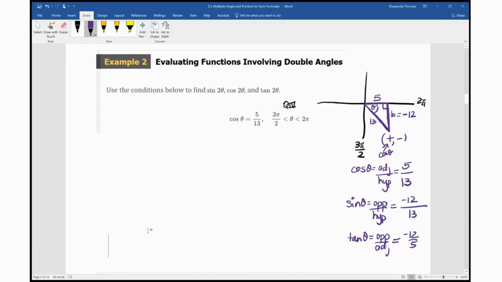All right, so use the conditions below to find sine of 2 theta, cosine 2 theta, and tan 2 theta. So let's go ahead and write out sine of 2 theta. We're going to use one of our formulas. Well, our sine of 2 theta is 2 sine theta times cosine theta.